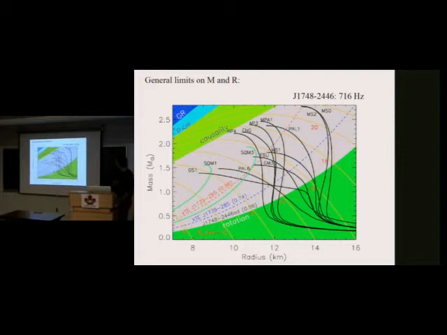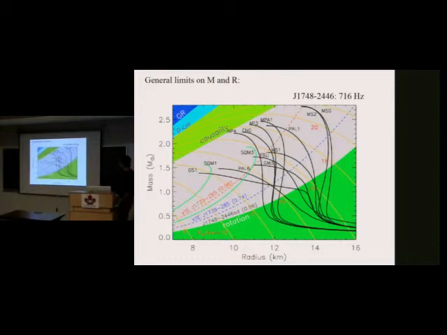Similarly, you could put the pressure equal to infinity in the TOV equations, and you get that the mass and radius must lie below this light blue region. Or you could require that the speed of sound, the square root of dP/d rho, has to be less than c, and then it has to lie below this. So we can easily exclude regions that lie to the left of here.